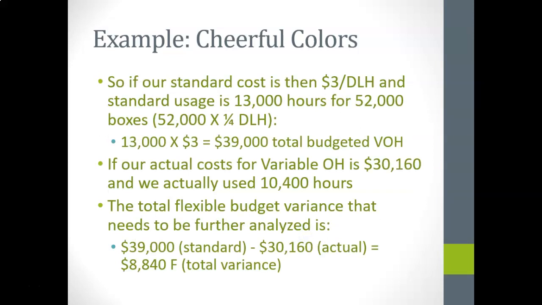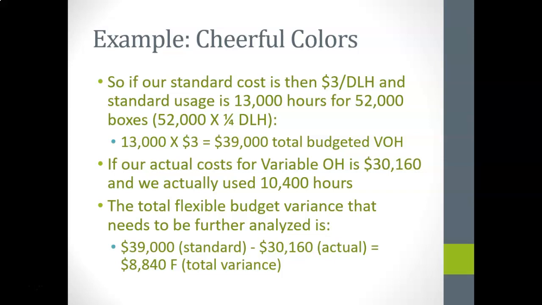So now we're going to take a look at variable overhead. Our standard cost is $3 per direct labor hour that we just calculated on the previous slide, and our standard usage is 13,000 hours for the 52,000 boxes.